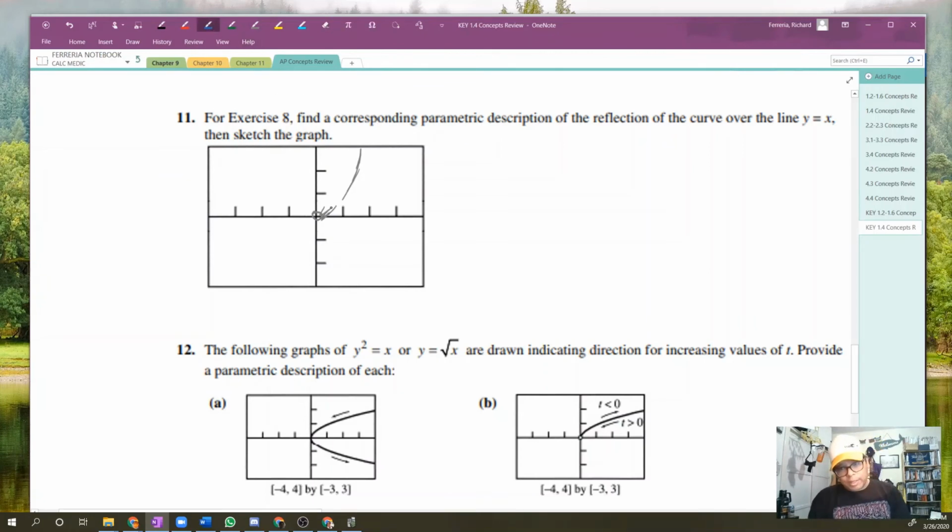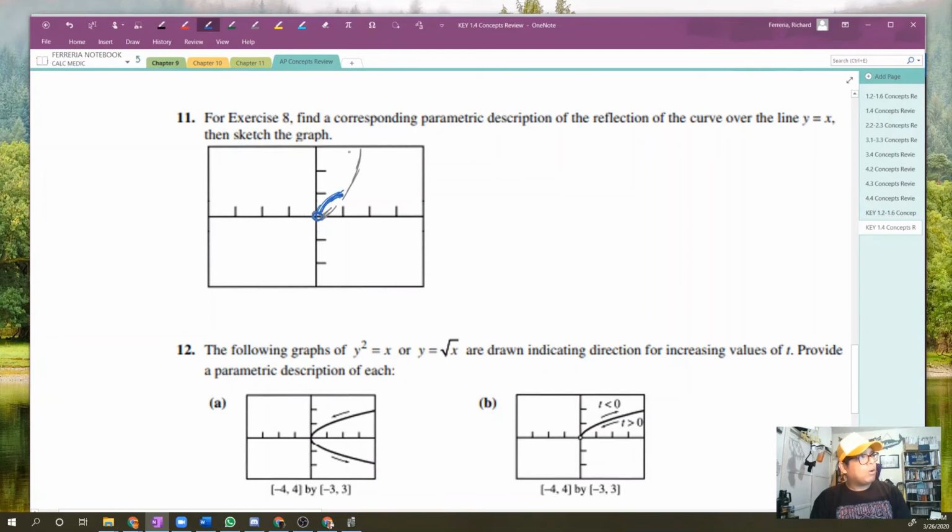So when you reflect it around the line y equals x, the x coordinate and the y coordinate switch. So (0, 0) stays the same, and (1, 1) stays the same. Anything along that line y equals x would stay the same. Over here, we have inflected upward, so when we reflect it, we're going to have an inflected downward graph.